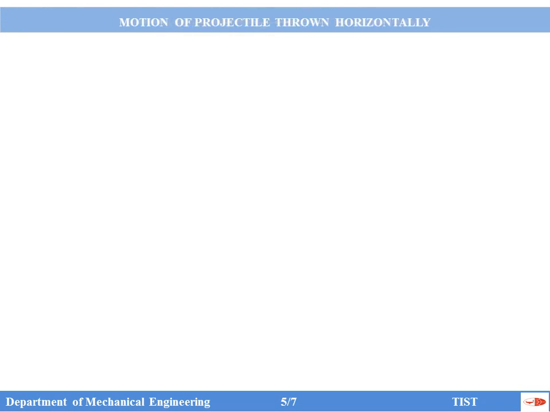Now that is what we discussed in the previous slide, the general projectile motion. Now we will discuss the motion of a projectile thrown horizontally. I am taking a projectile motion in the xy direction where the projectile is at a particular height, and we are dropping the body horizontally.